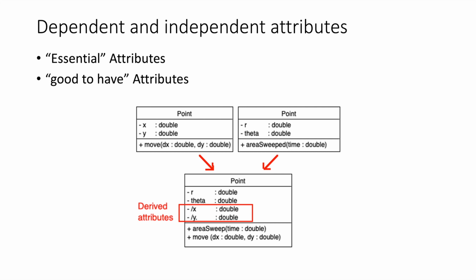Now let us see the situations in which one representation of a point is favored over the other. For example, if the point representation is in context of a graphics application where we are supposed to draw something on the screen, obviously r theta is not useful because it is a polar coordinate, and that is why the preferred thing is the x and y, or Cartesian coordinate system.